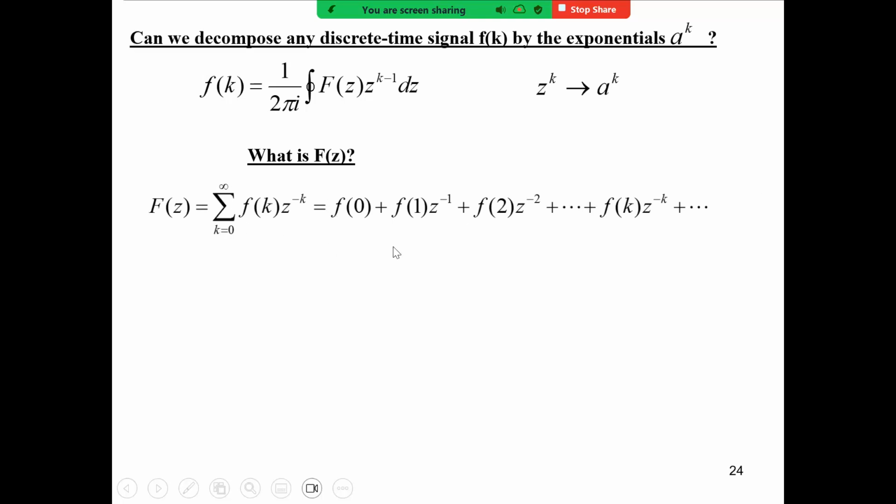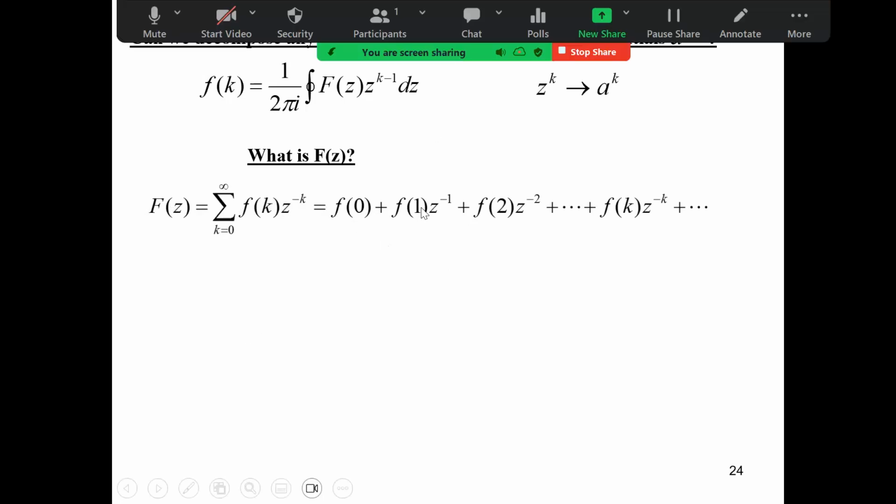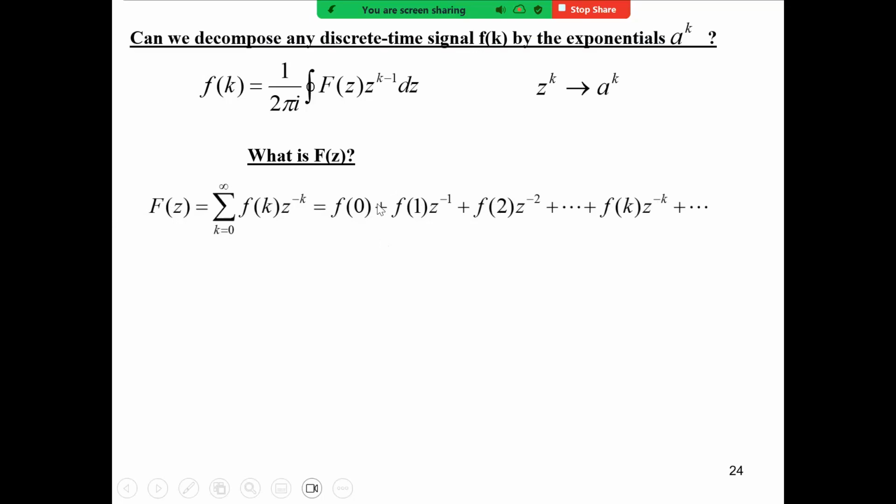If you look at this form, it just means if you have a signal f of k, what is involved in this Z transform is only the signal starting from 0. Whatever happens in the past has no information. We only need the signal starting at k equals 0, k equals 1, k equals 2, up to infinity. For f0 there is no z, but for f1 there is z to the minus 1, for f2, k equals 2, z to the minus 2.